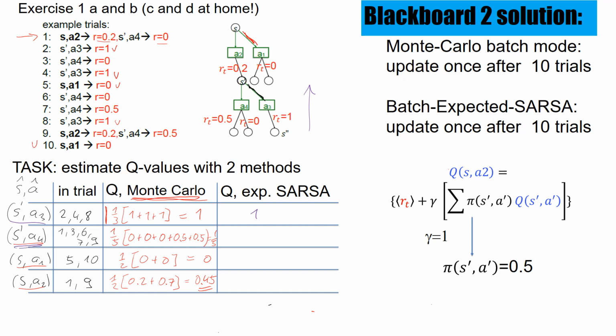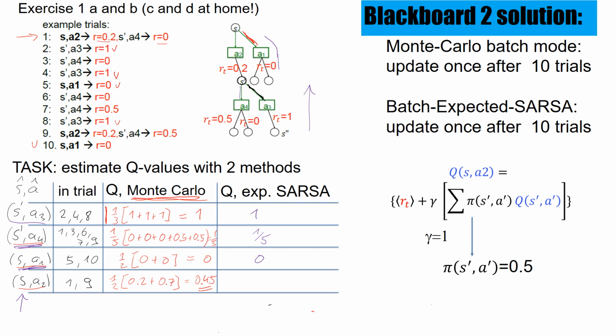If I estimate S prime A4, again, I have the same information as we had in the Monte-Carlo. So again, I get 1/5. I can just copy it over. If I look at S A1, which was this branch up here, this was a terminal state, and so again, there's nothing special. The only special case is this case here, S A2. And now let's work on this.